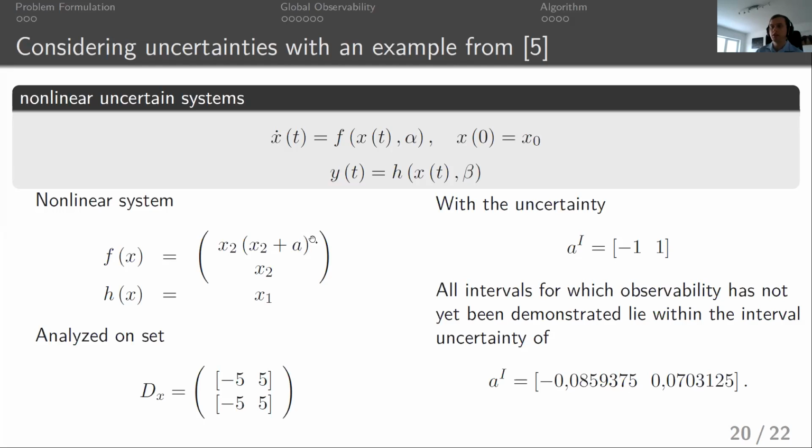So if this is a plant, for example, and A is a parameter which changes very slowly over time, then we can still use this as a constant, because we can show that if A is -1 and then becomes, for example, slowly -0.5, it still will be observable. Okay.